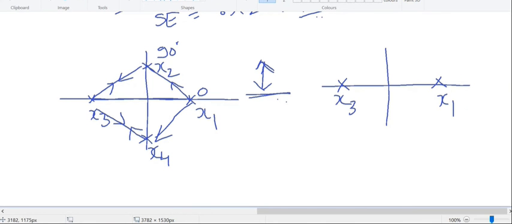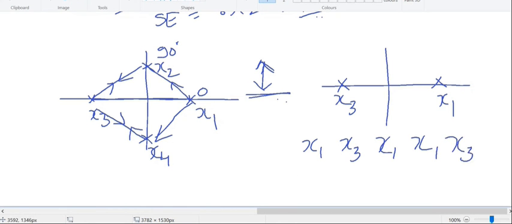Now you take this first sample. Okay, let's say X1, then X3, X3, X1. There will be only this one when you actually do it the first time.